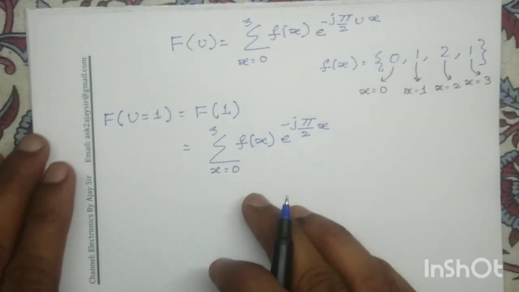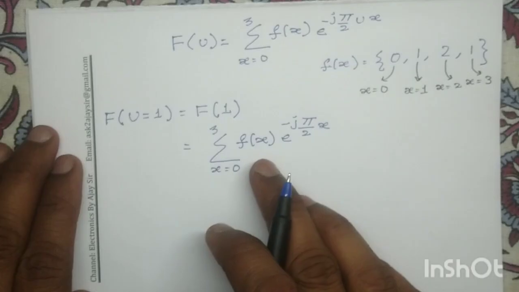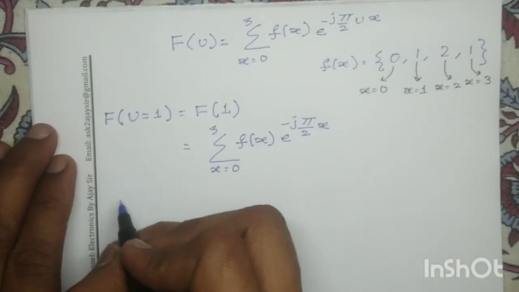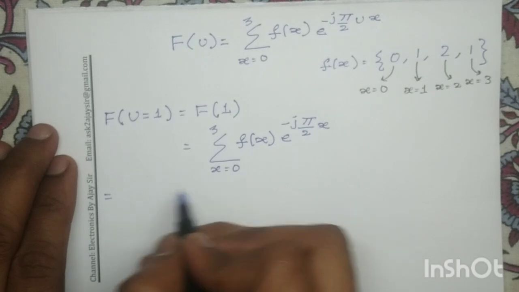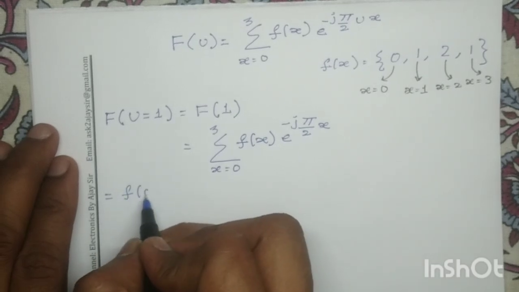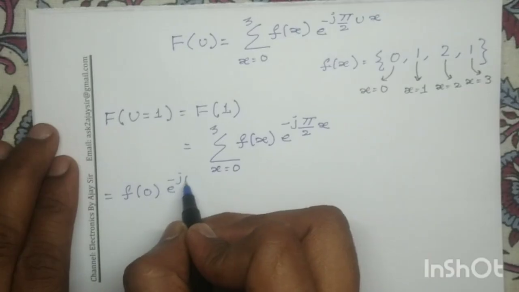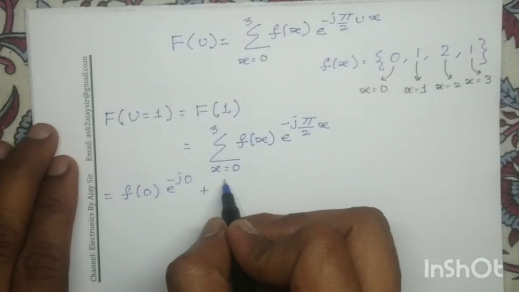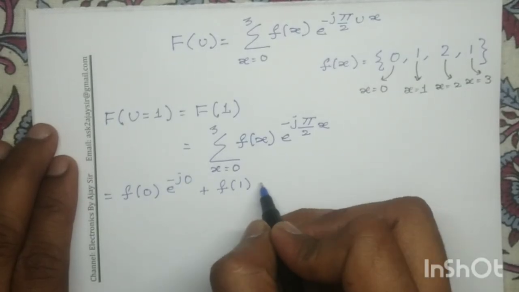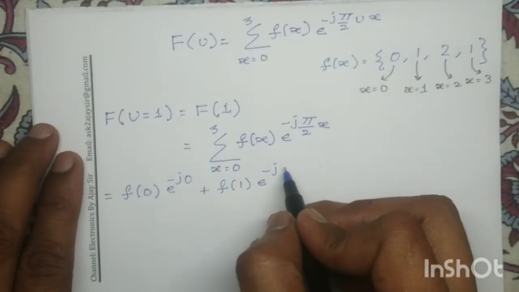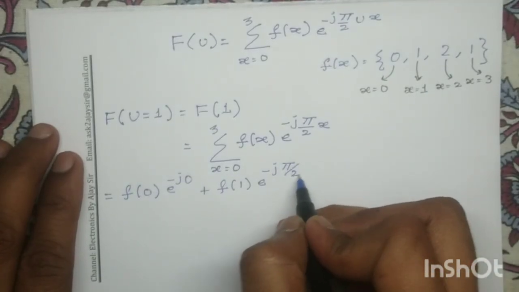We will open this summation for x equals 0, for x equals 1, for x equals 2, and for x equals 3. So first we will open this expression for x equals 0. So it is f of 0 e to the power minus j 0 plus f of 1 e to the power minus j, in place of x we will substitute 1, so it becomes pi by 2.